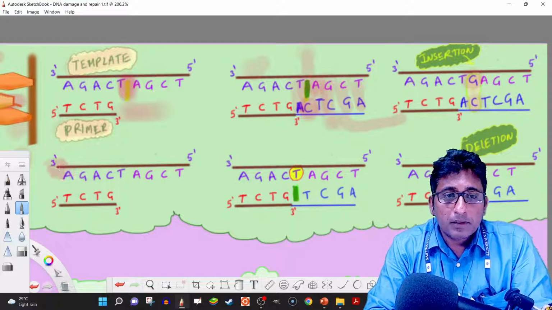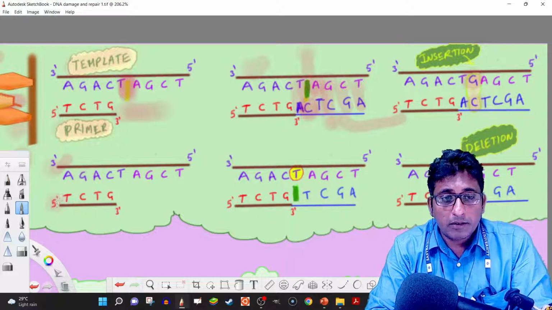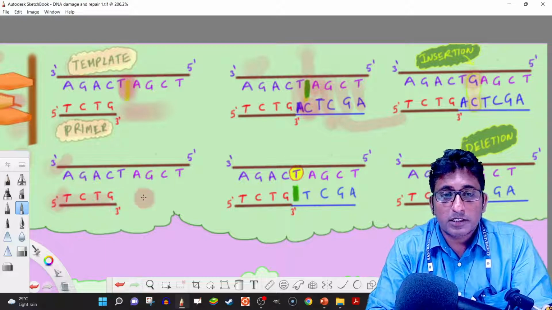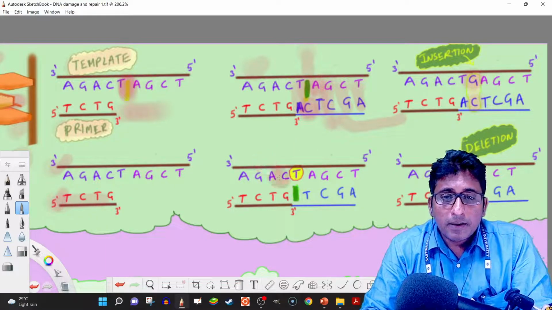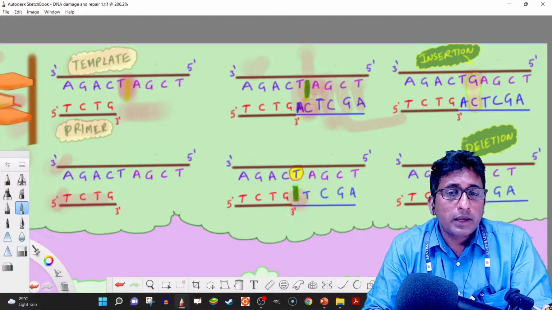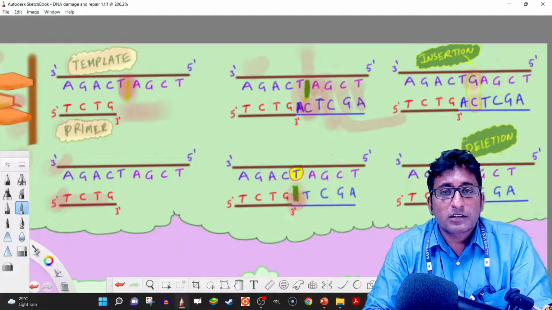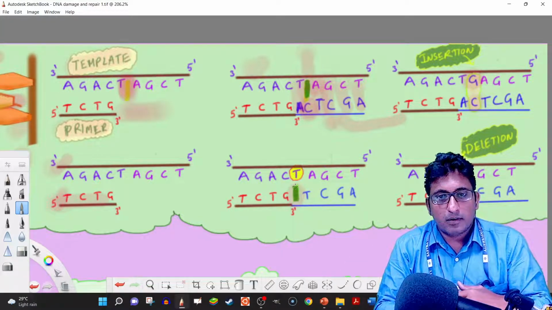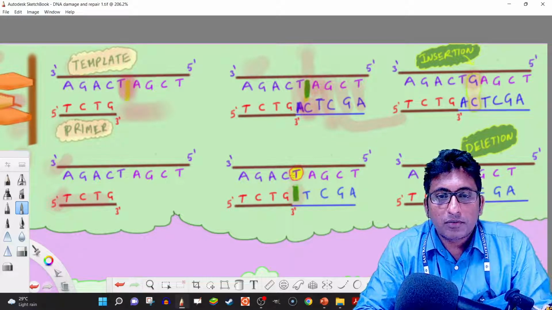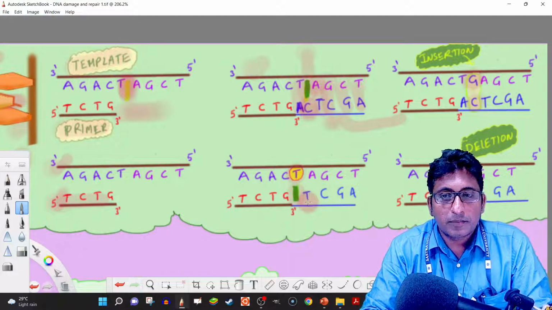Say for example, this is the template and here is the primer, like we have already discussed above. And then if there was an intercalating agent within the primer, that might read off one of the bases here.